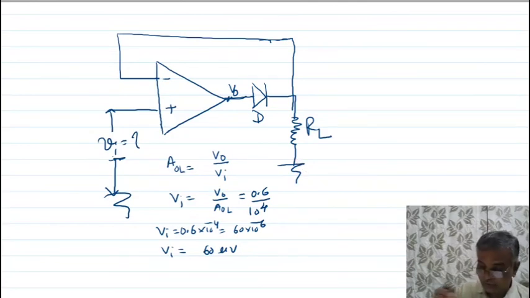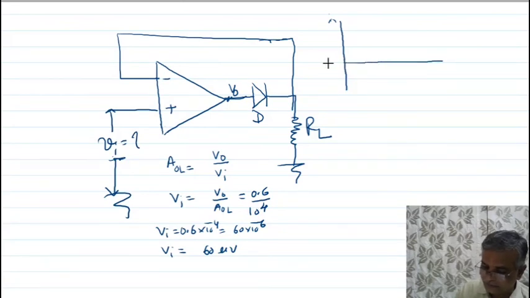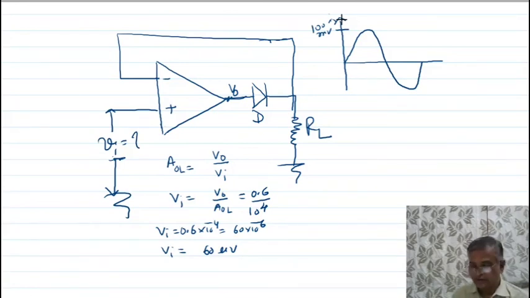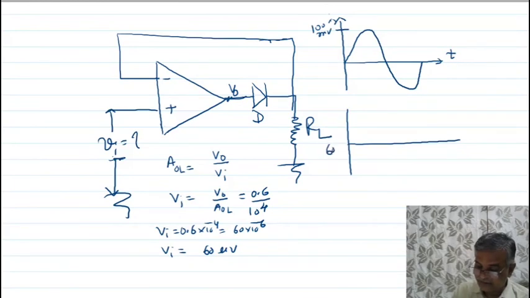If I give a signal of 100 millivolt, then my output across the RL will start from 60 microvolt.